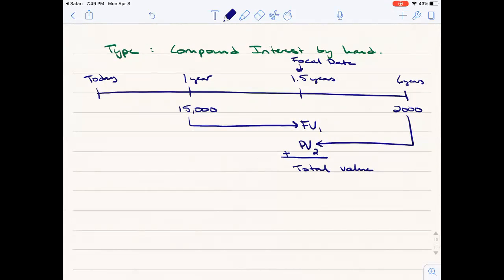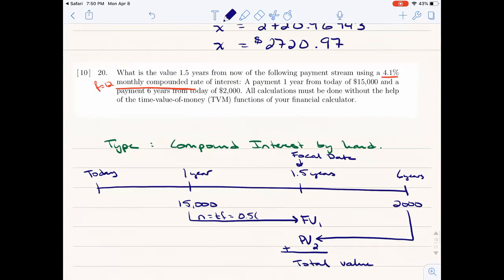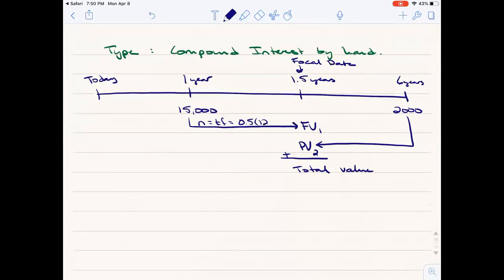Okay, so on these arrows, right, we have to know our n, the number of compoundings, and so n is time times the frequency. The time between 1 year and 1.5 years is just half a year. So 0.5, and the frequency was 12. So we've got 6.